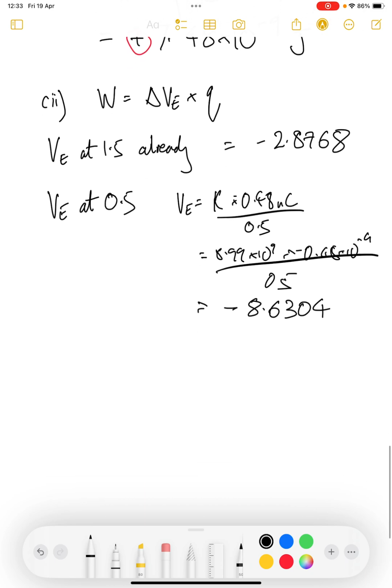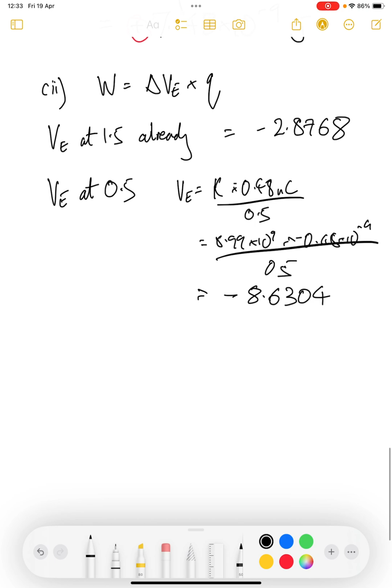That's just through doing the calculation. There is another way of doing that. So this is like a slight deviation. What you could say is VE is proportional to 1 over R. R is going from 1.5 to 0.5.